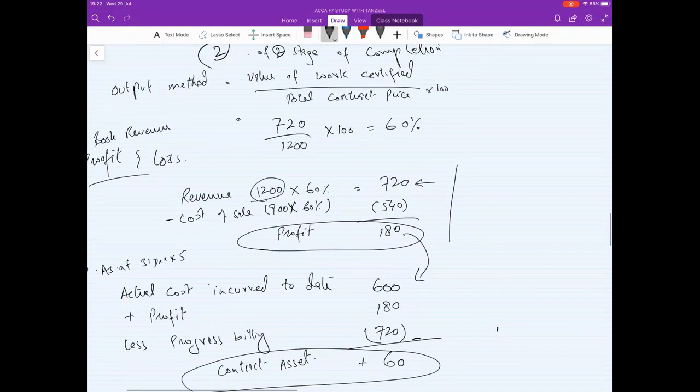This is for the first year, X6 and X5. Let's make X6. So the total revenue is 1200 and your total cost is 1000. So it means you will get 2200 as a profit.